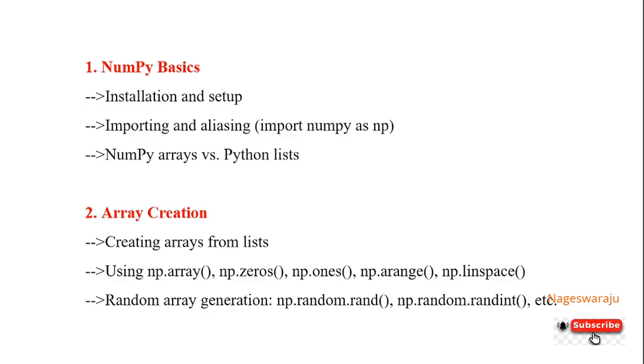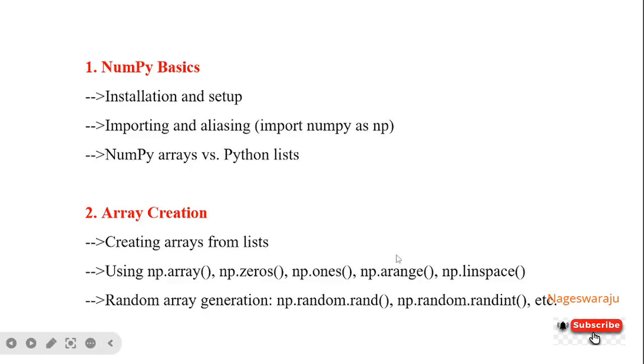Here, an array has some methods. np.zeros, where np means NumPy: the entire array is 0, however many rows or columns there are. Next, np.ones: the entire array is ones.